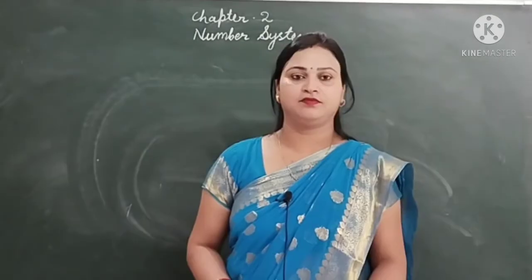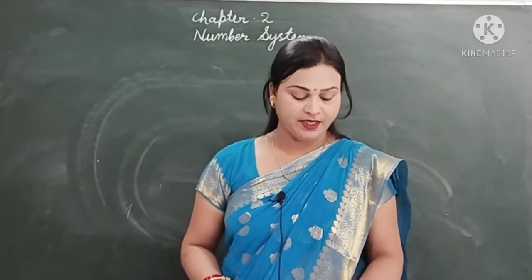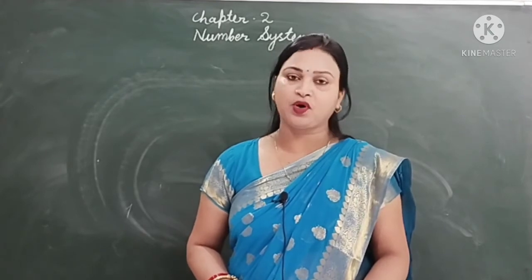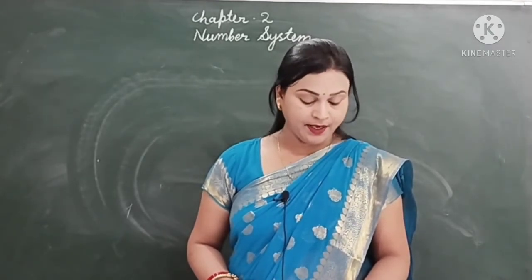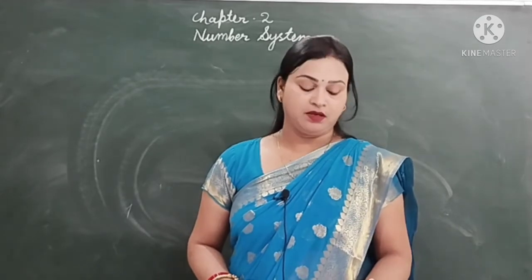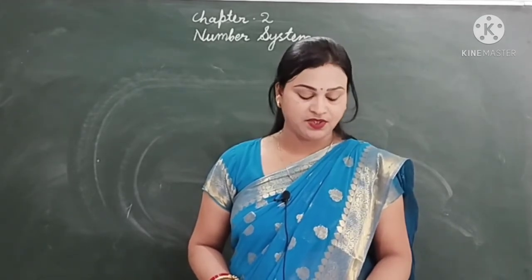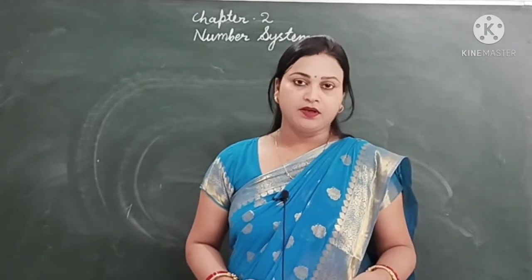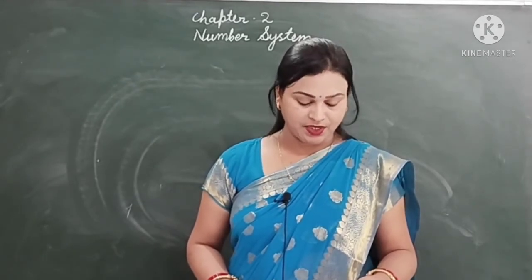Now question number 8. Identify the name of the number system from the following values. See the first part, A6 base 16, this is a hexadecimal number. Why? Because it has base 16.